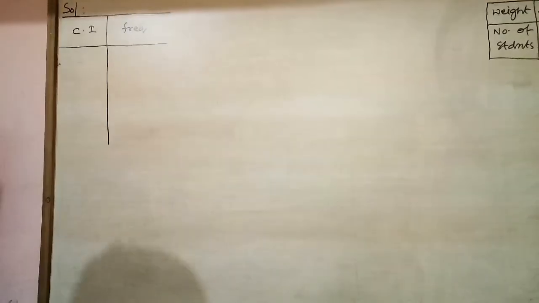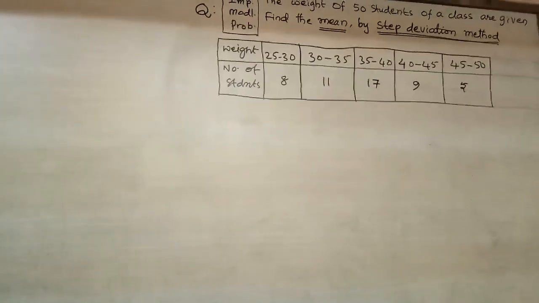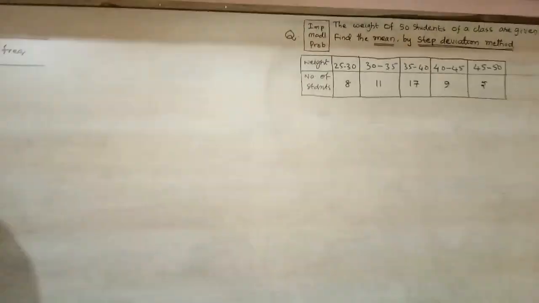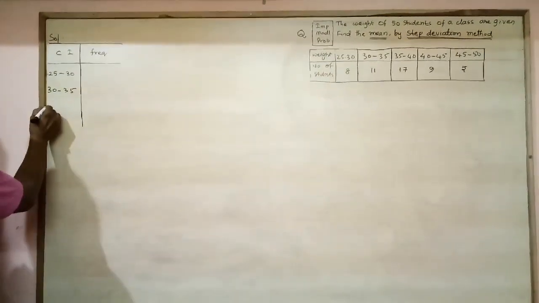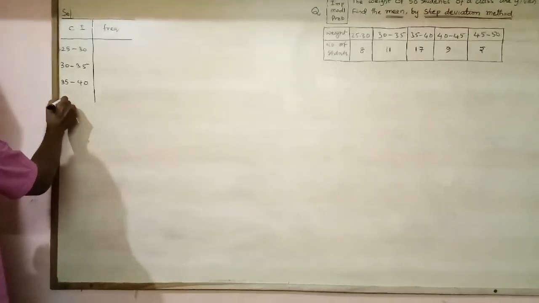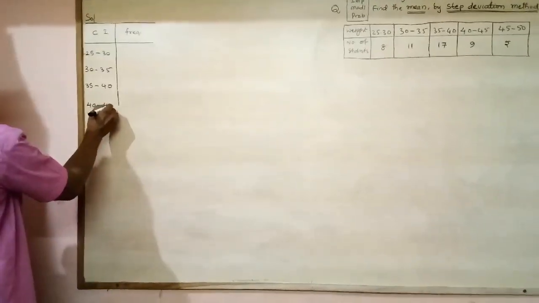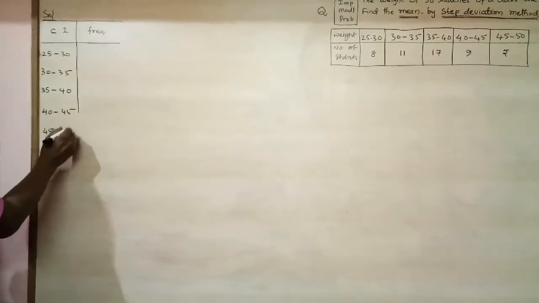The class intervals are given as 25 to 30, 30 to 35, 35 to 40, 40 to 45, 45 to 50.